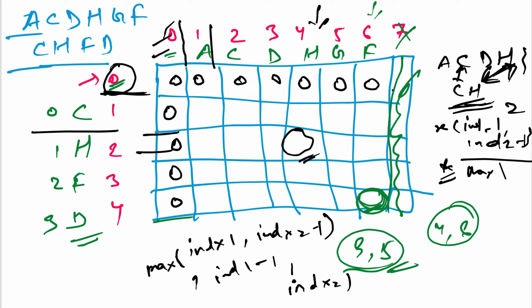So we'll see whether the indexes match or not. A matches to C or not? It doesn't match, right? So what we can do, we can get max of index 1 minus 1, that is this one.